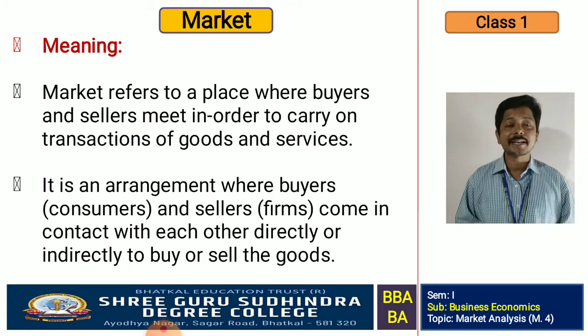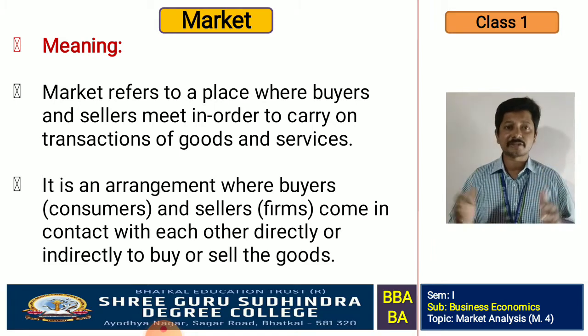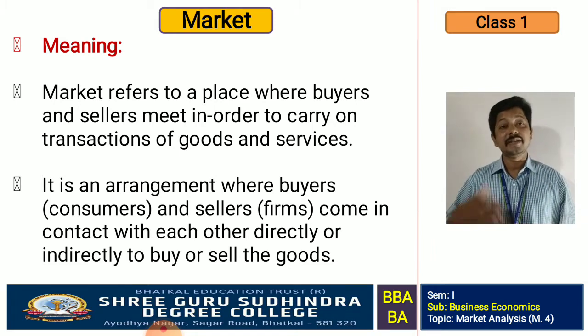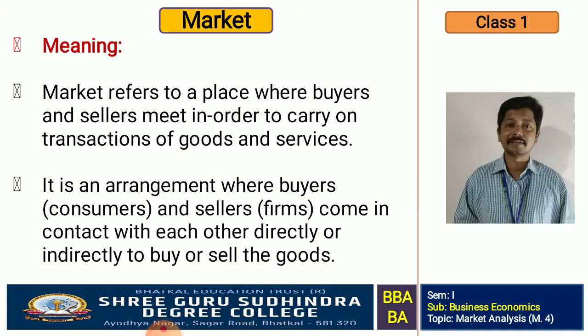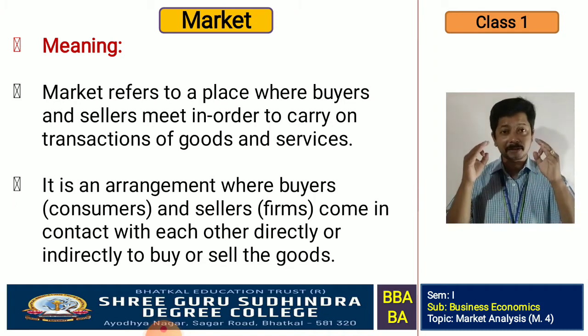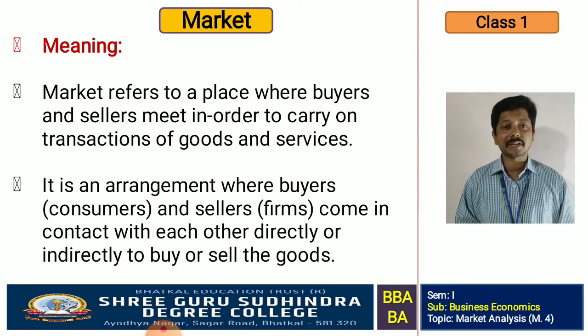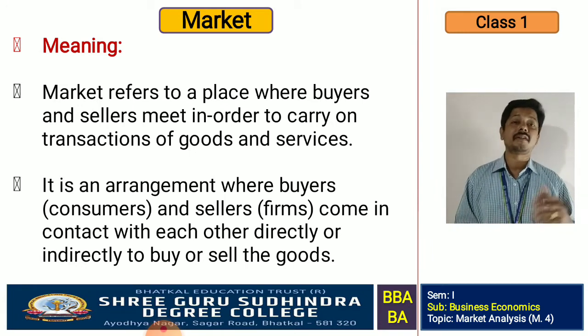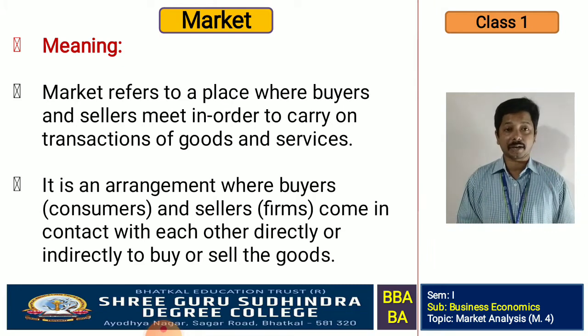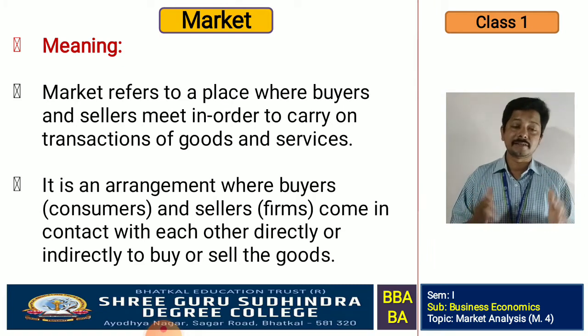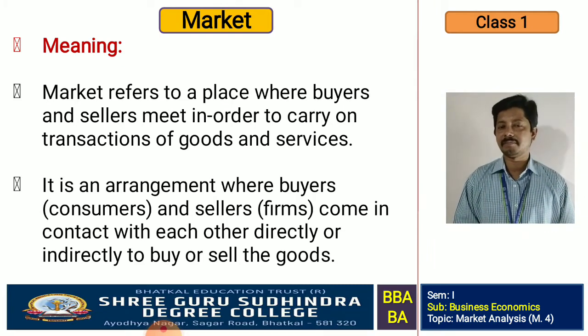So as I already said, in the modern scenario, the structure of market has changed a lot. Earlier, a market may have required a specific place. But today, due to technology and the digital world, there may or may not be direct contact. That means indirect contact between buyer and seller is also called a market.